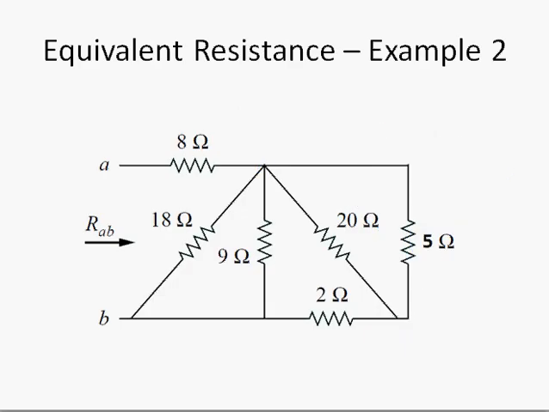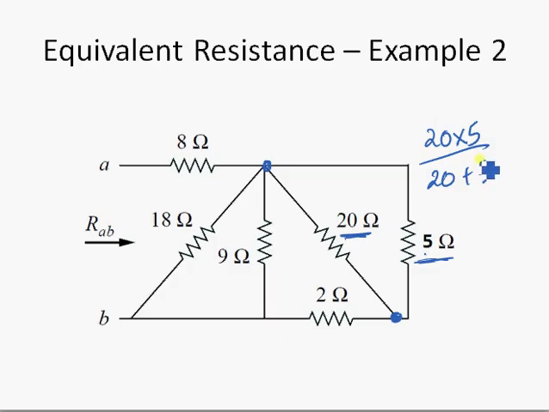Now, if you look at it, this 5 ohm resistor shares a node between here and here. So does this 20 ohm resistor. So the 20 ohm resistor and the 5 ohm resistor are actually in parallel. So we have again 20 times 5 over 20 plus 5, which is 100 over 25, which is 4 ohms.